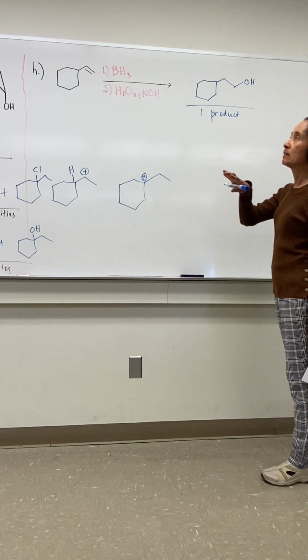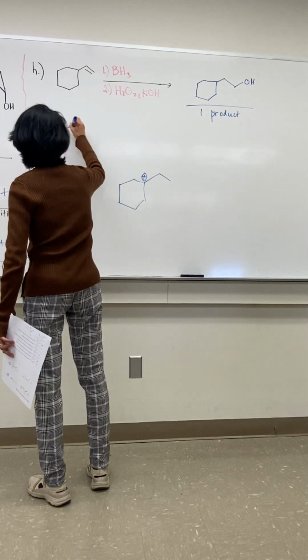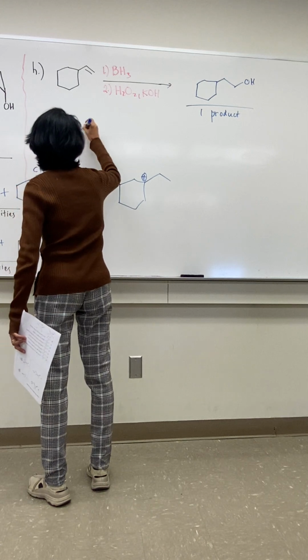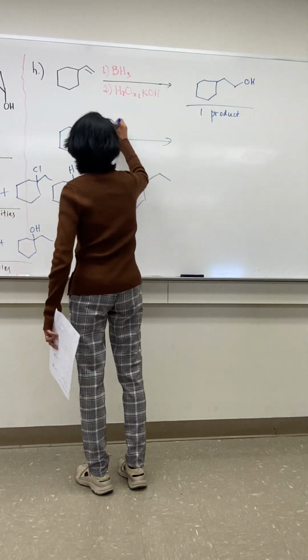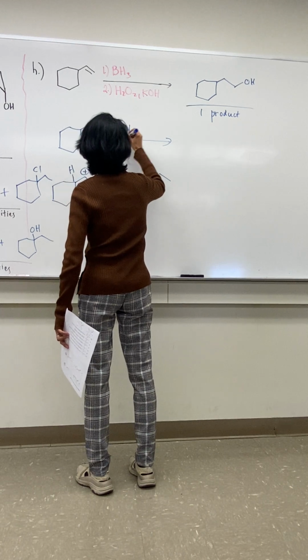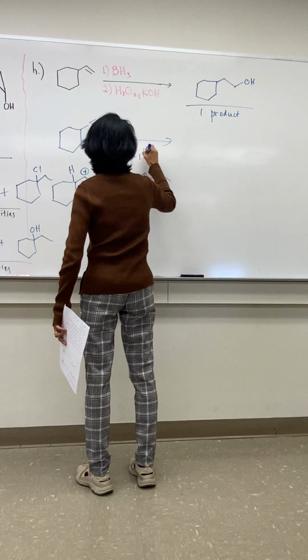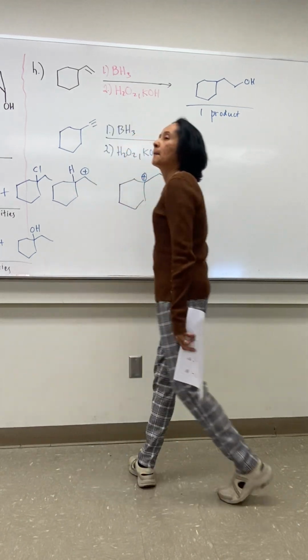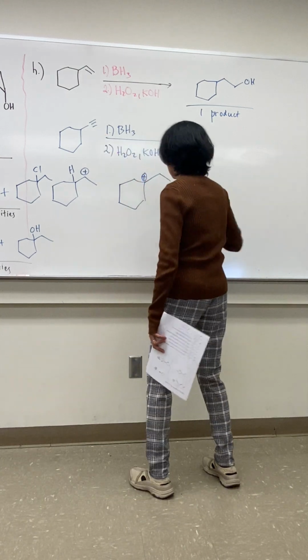So, in the other, if I have an alkyne, right? And then I do this reaction, what do you get? It's also hydration. This is an alkyne, so this means like this.